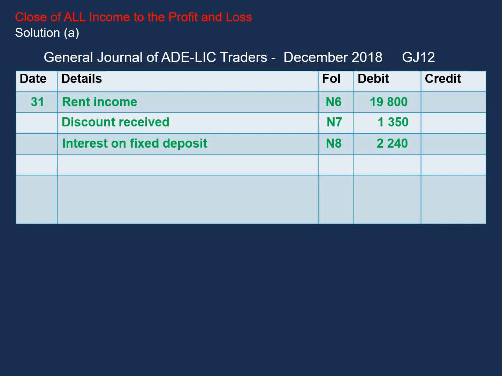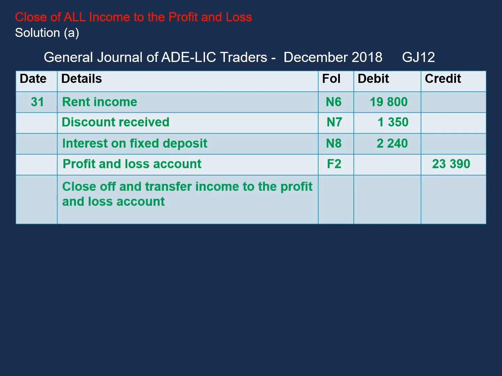And if we were to add up these three accounts, we will get 23,390, and that's the amount we will credit our profit and loss account with. Our narration will be close off and transfer income to the profit and loss account.